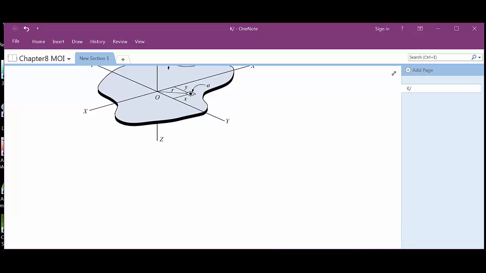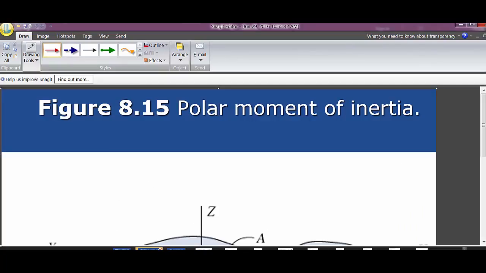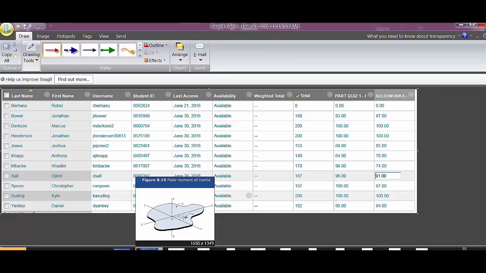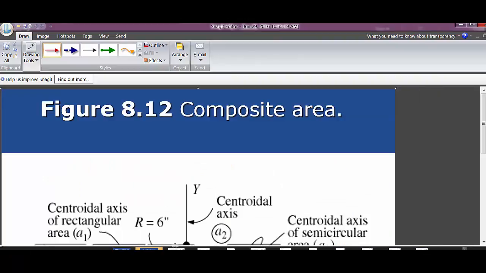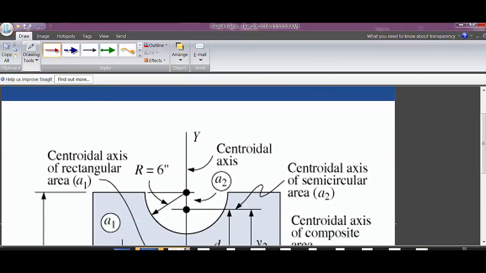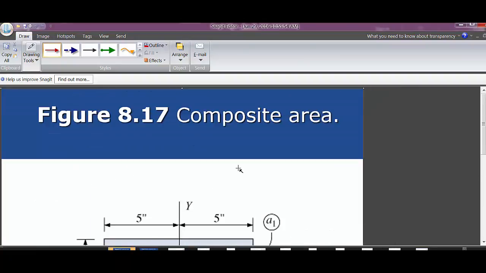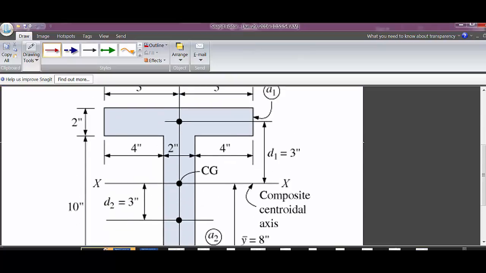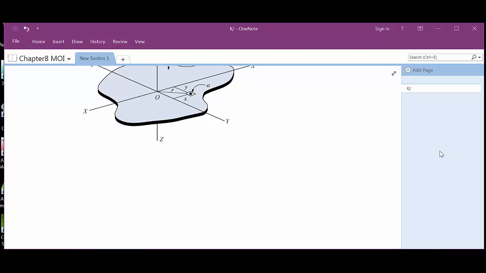I was wondering if I made a copy of that particular picture, but I didn't, so we'll just sketch it in there.